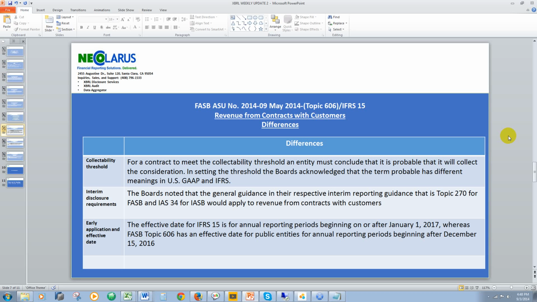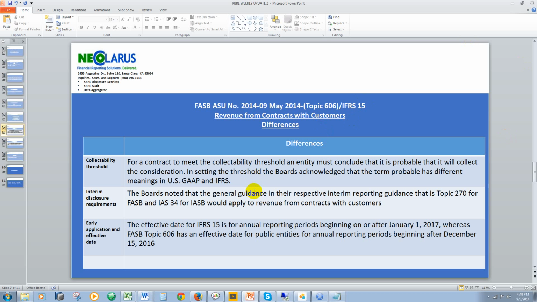The next difference is regarding the interim disclosure requirements. We know that Topic 270 is used on the FASB side with regard to interim reporting guidance or disclosure requirements. However, on the IASB side it is guided by IAS 34.